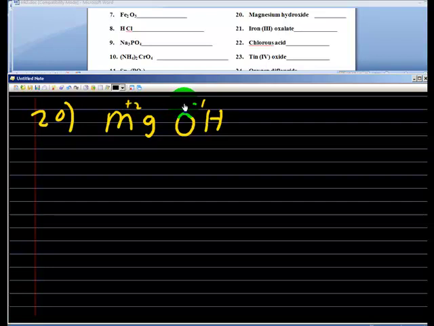I clearly need to have two of these. So I'm going to put a bracket around this, and I'm going to put a subscript here of 2. Why put the brackets? You put the brackets so that the chemist knows it's the entire polyatomic. There's 2 of the entire group. It's not 2 of just hydrogen or 2 of just oxygen. It's 2 of the hydroxides.